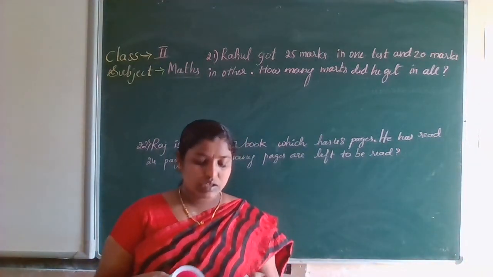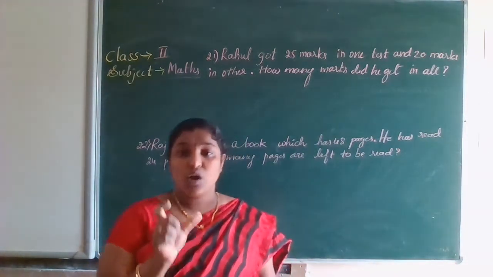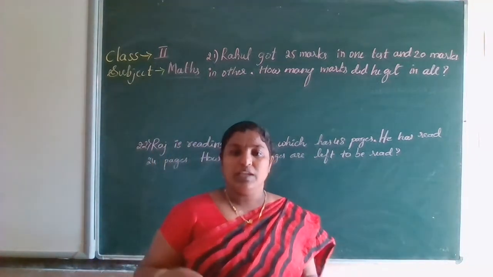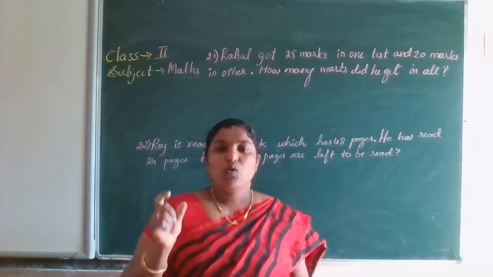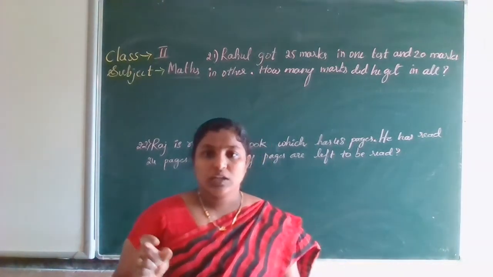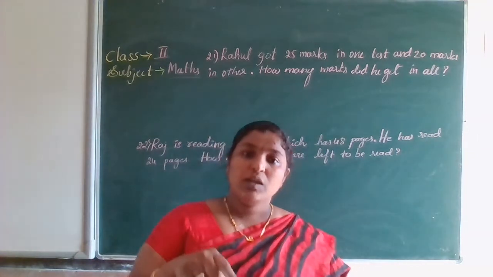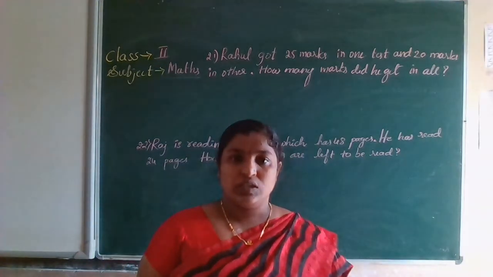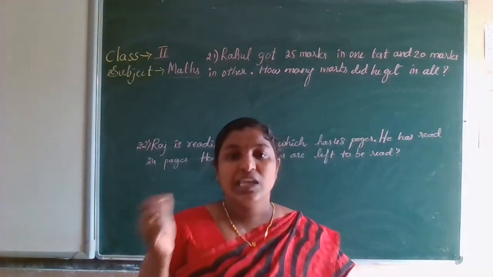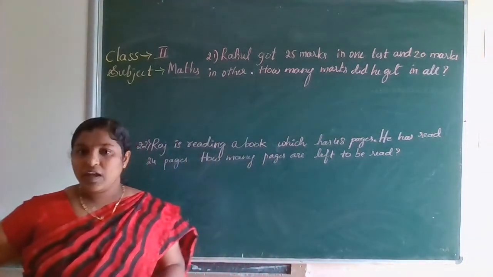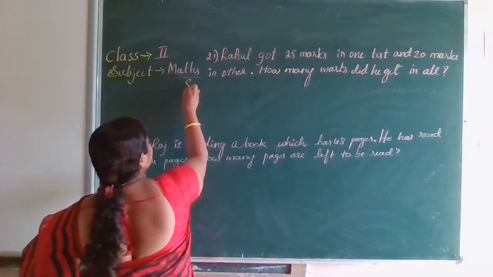How many marks did he get in all? The words in all indicate that you have to do addition. Okay, the student named Rahul got 25 marks in one test, 20 marks in the other test. So how many marks did he get in all? So we have to identify. Go for solution.